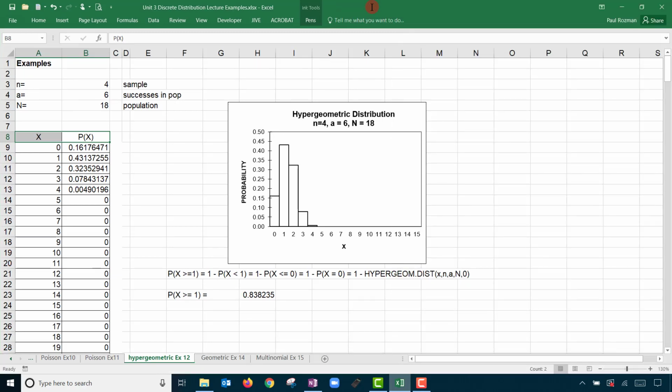So in Excel, in our example, we had 4 in our sample. There were 6 successful buildings that were in violation of the code out of a total of 18. Hypergeom.dist is the first value is x, then the second value is little n, then the next value is a, and then capital N, and then cumulative or not.